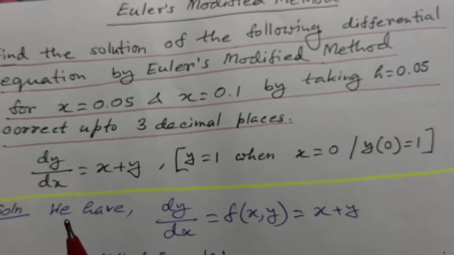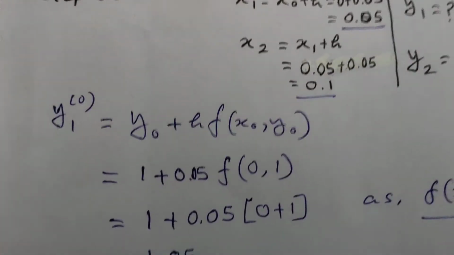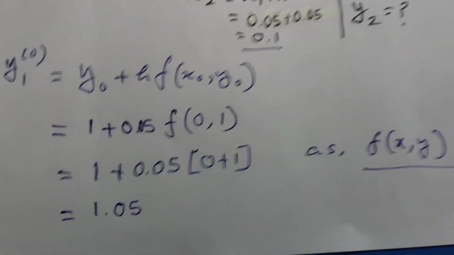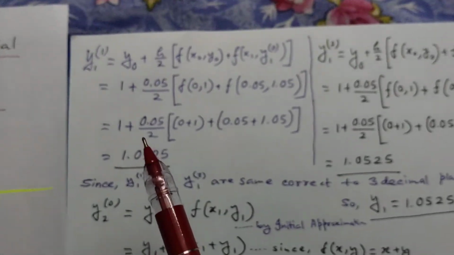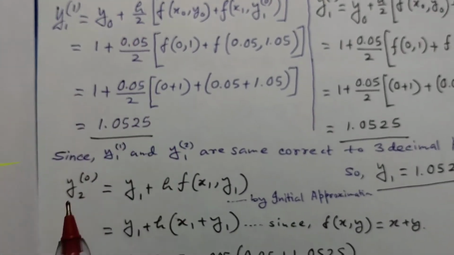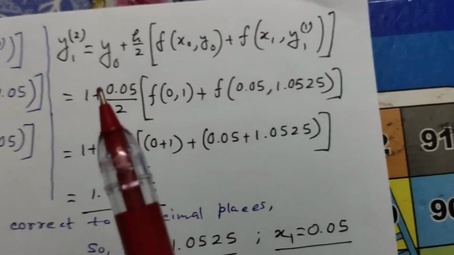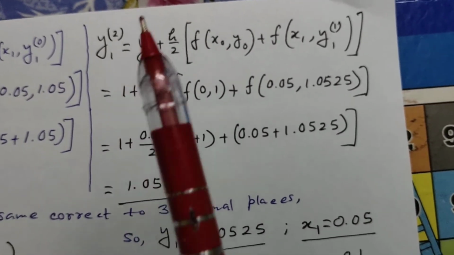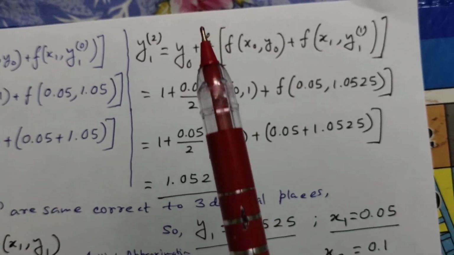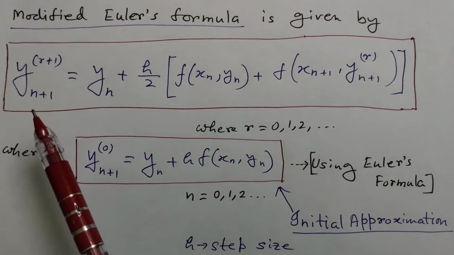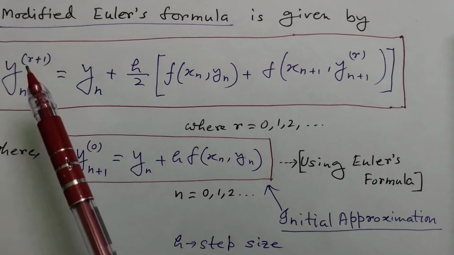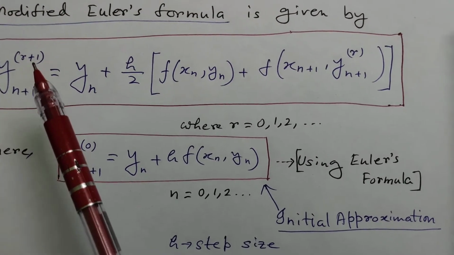So we got 1.05 for the first y1, then for the second, y11, we are getting 1.0525. Now we calculate y12, putting n equals 0 and r equals 1 in this formula.